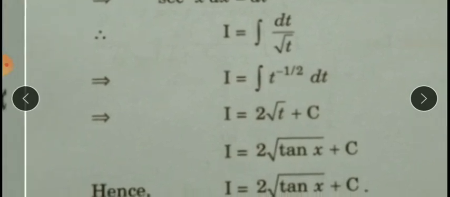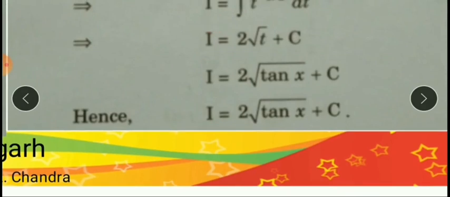Using the formula integration x raised to n is equal to x raised to n plus 1 upon n plus 1, the denominator root t can be written as t power minus 1 by 2 in the numerator. Using the same formula, we can write I is equal to 2 root t plus c. That is, I is equal to 2 root tan x plus c. Our required integration becomes I is equal to 2 root tan x plus c.